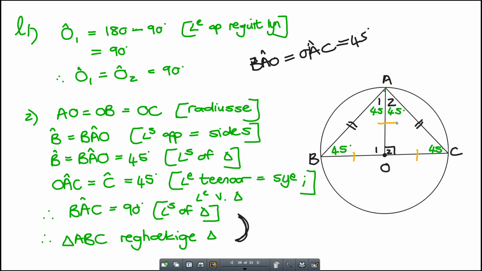Okay, if they were to say, work out whether O1 is 90 degrees without using AOC, only BAO, then I could still, because even if I didn't know that it is a 90 degrees angle, I would work out that these two triangles are congruent, and they are still isosceles triangles.